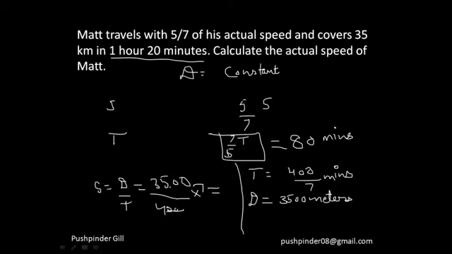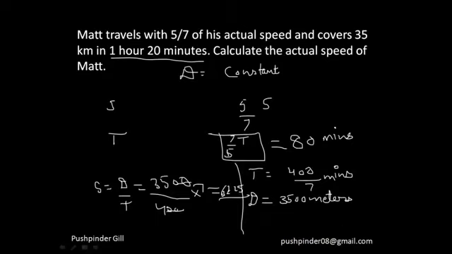I calculate my answer. It is going to come out to 35 into 7 divided by 4. If I calculate 35 into 7 divided by 4, I get 61.25. So this is my answer, 61.25.